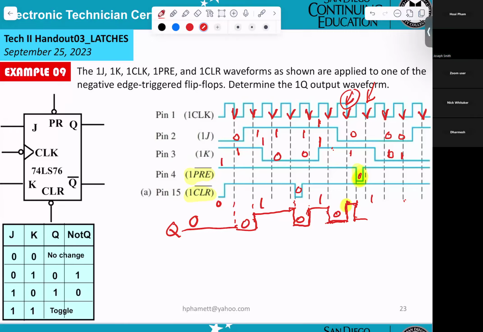You already have preset equal to 0, so Q has to be 1 also. So it will be 1 up here.